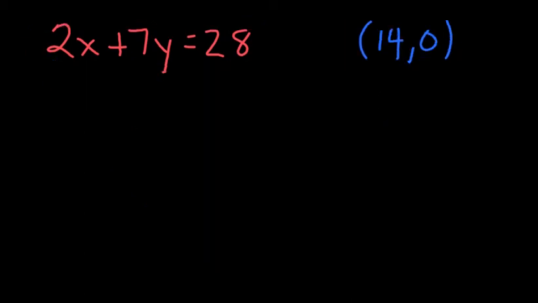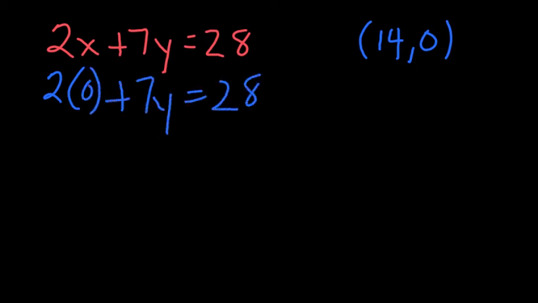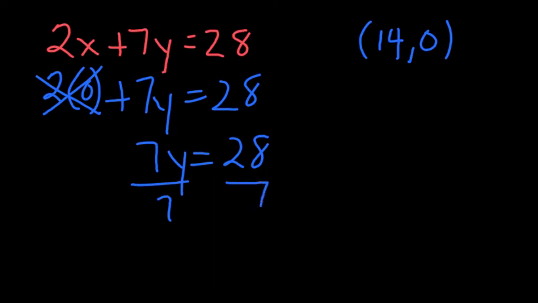So, let's go back, and now we're going to find the y-intercept. We're going to do that by putting 0 in x's spot. Remember the first time we put 0 in y's spot? Now let's put 0 in for x and see what happens. Well, 0 in for x is going to make that whole part 0 plus 7y, so basically this just drops out. 7y equals 28. So y equals 4.